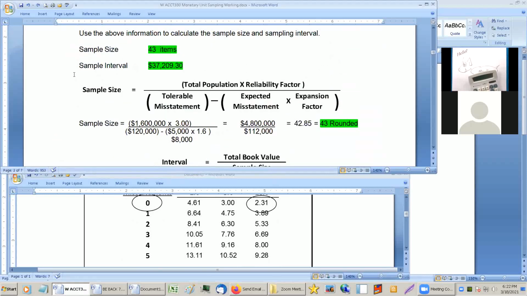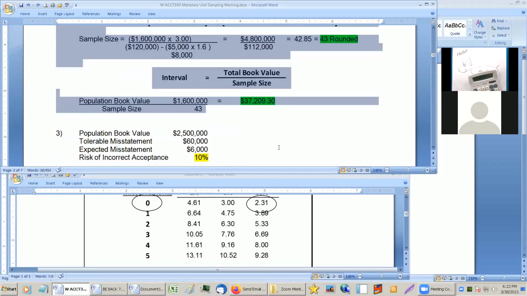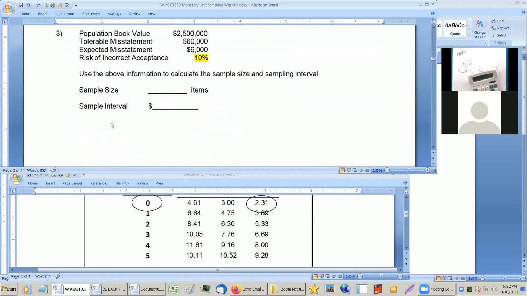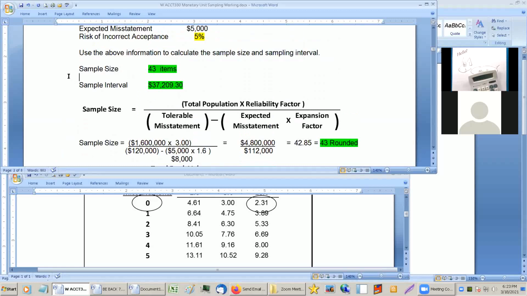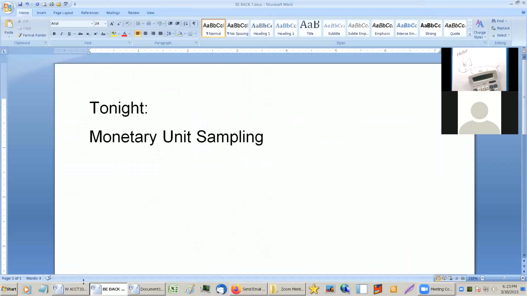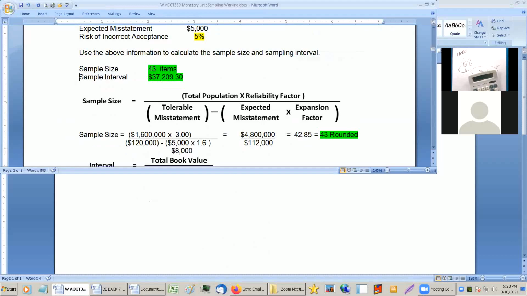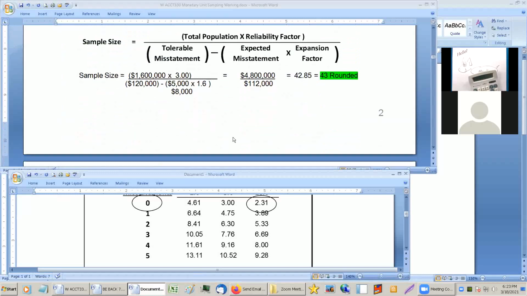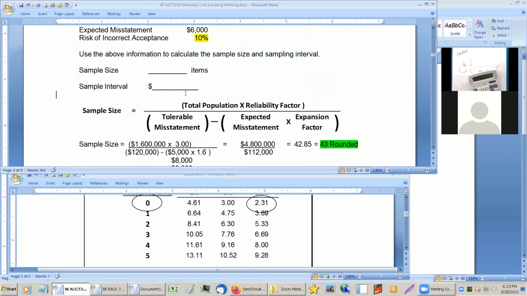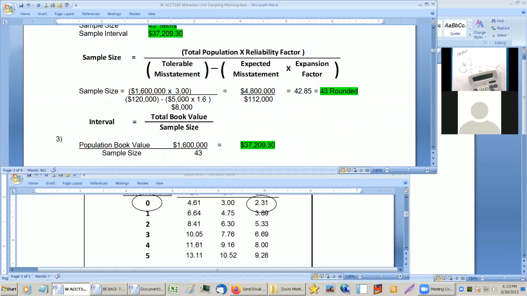Something wrong. Get it on the same page.